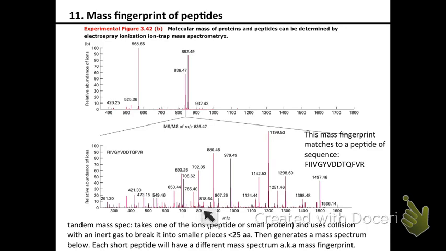Once you make that mass fingerprint, you can go back to the database and ask which amino acid sequence is giving me this mass signature, and then once you have that signature, you have the sequence of the short peptide that you have.